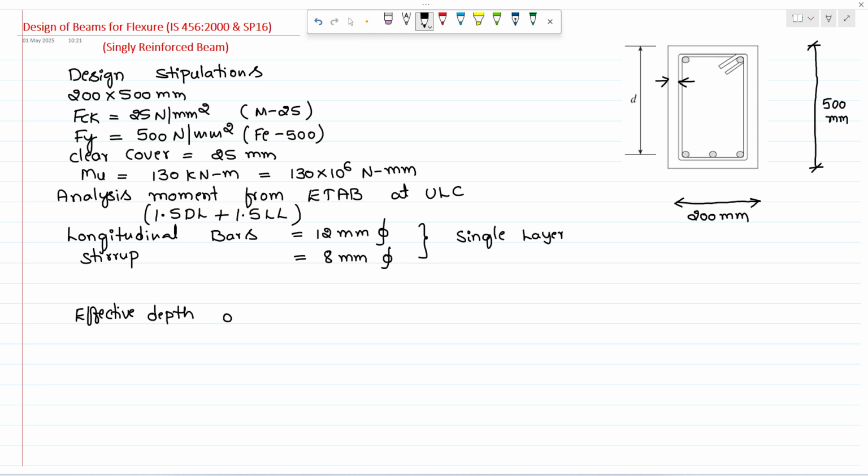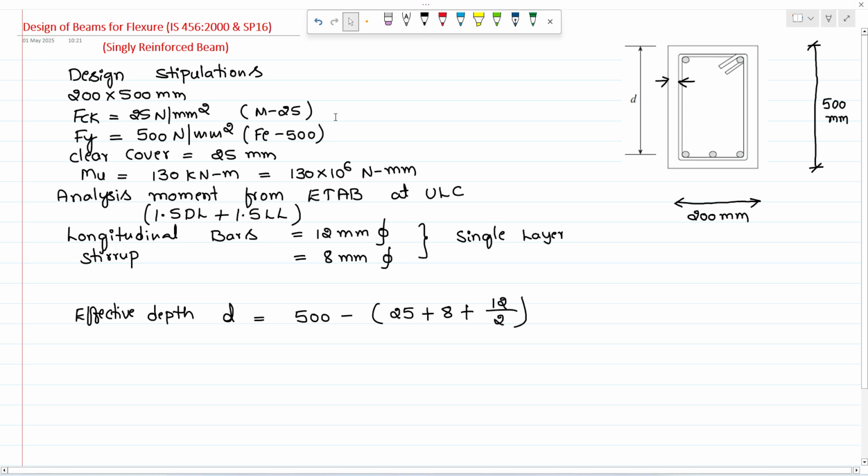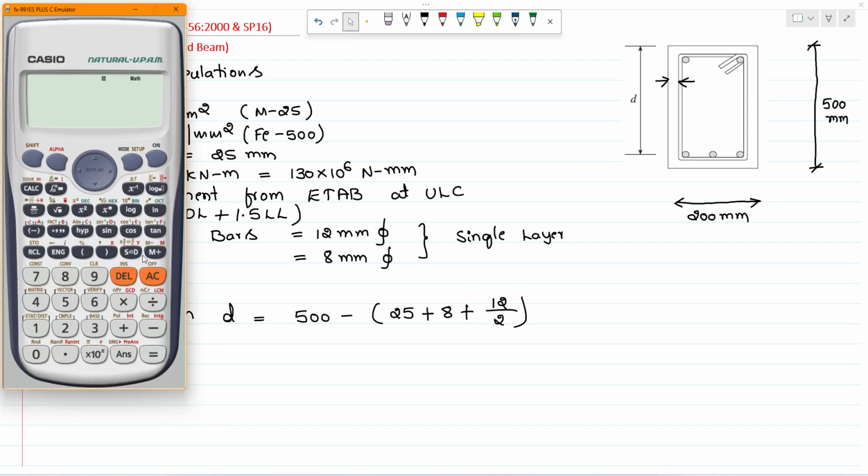In this case, effective depth will be overall depth 500 minus clear cover 25 minus diameter of shear reinforcement bars, 8 mm, minus diameter of longitudinal bar divided by 2. Longitudinal bar diameter 12 divided by 2, which is 6.